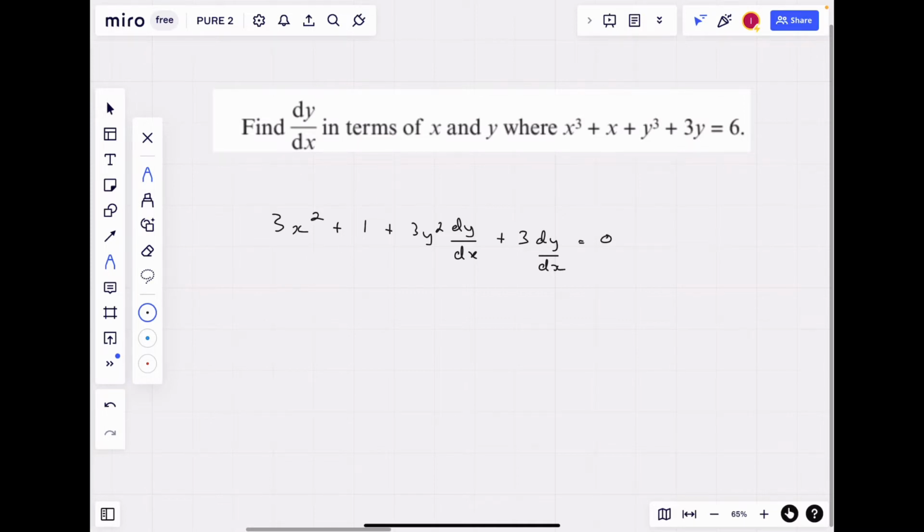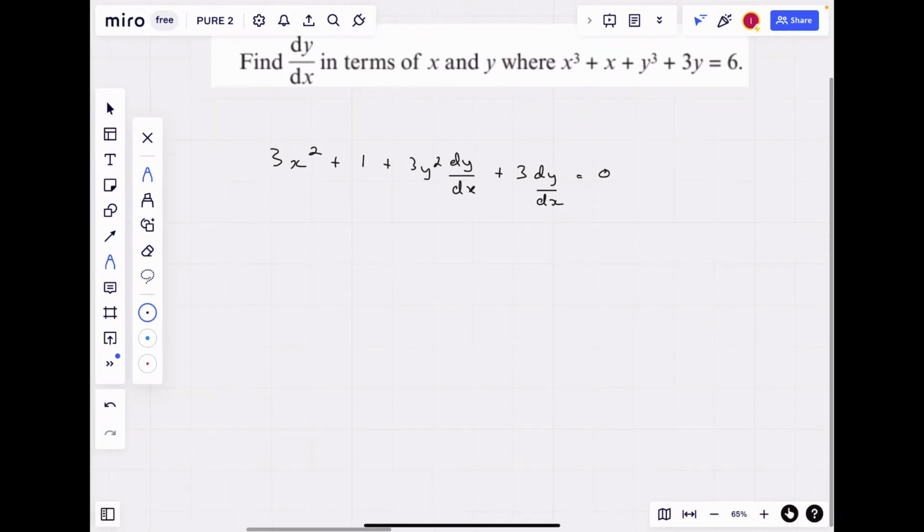Now, can you rearrange all of this for dy by dx? So you would get 3y squared plus 3 dy by dx equals minus 3x squared minus 1, and then you divide.